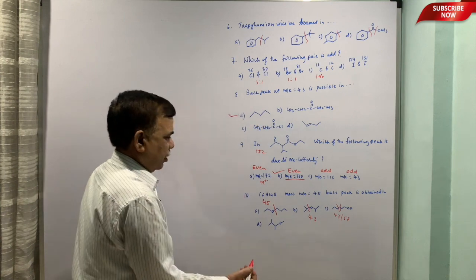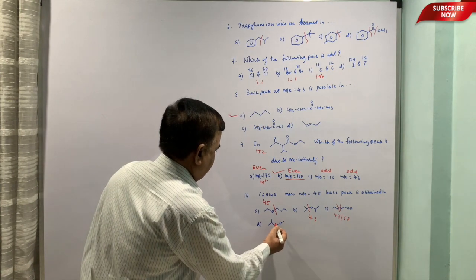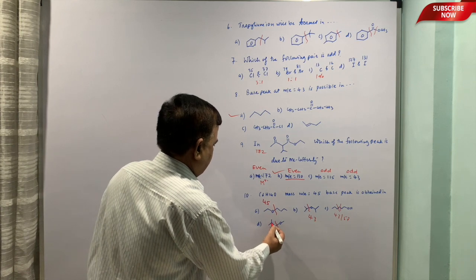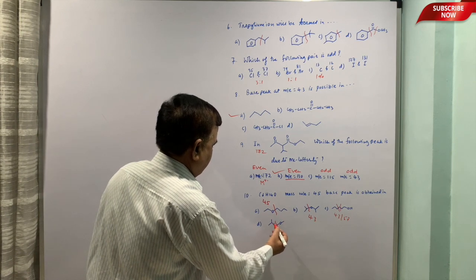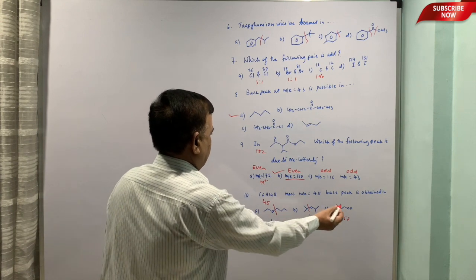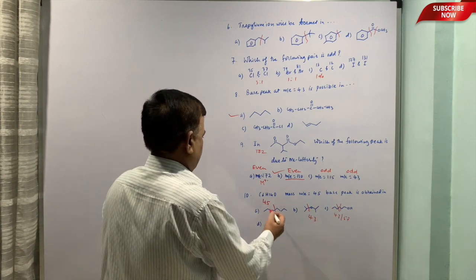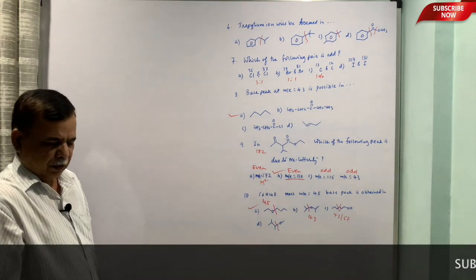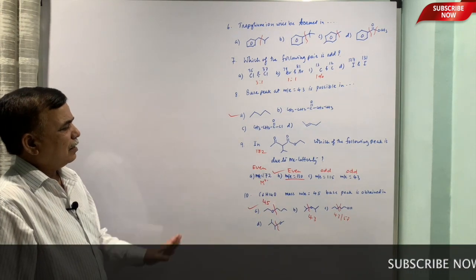So, if it breaks down here, this will be 1, 2, 3, 4, 5, so it will be higher. Anyway, none of these can give 45. The first molecule gives a peak at 45, so the first option is correct.